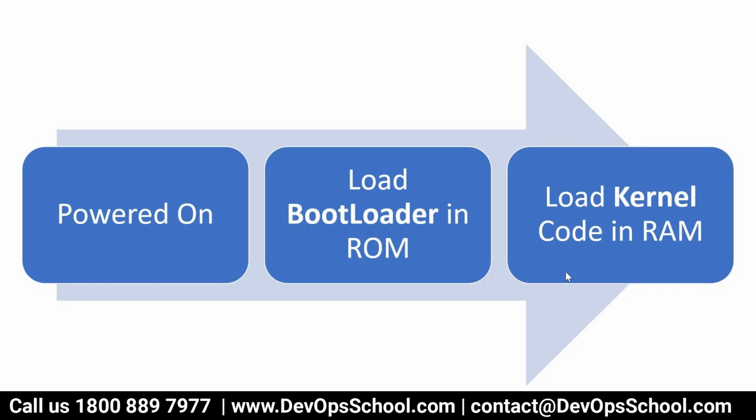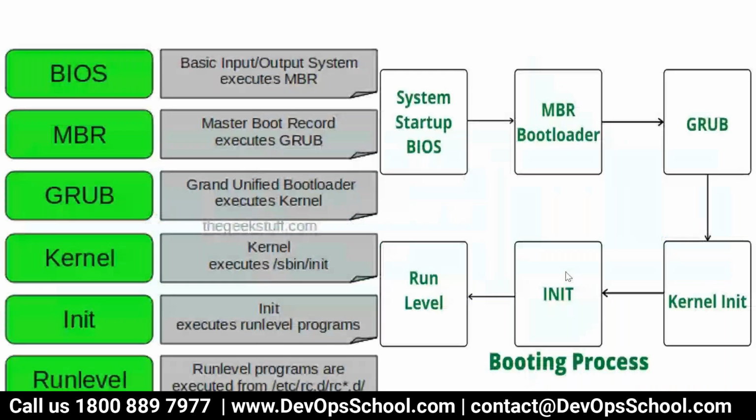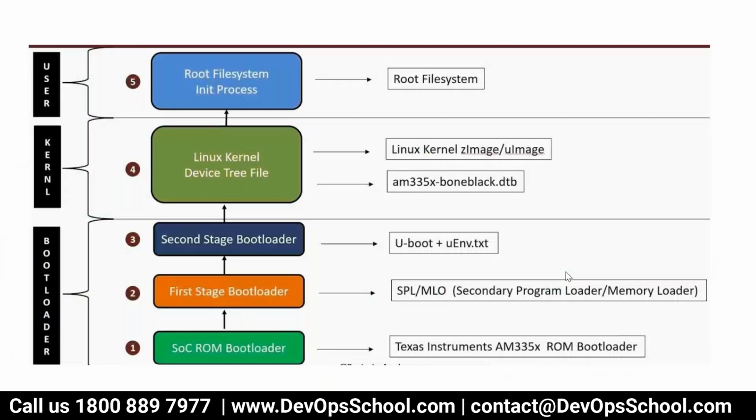Yes. So this is a little more detailed image. We'll ignore it. Now we'll discuss this image, which is a very important image. Here, if you see, the bootloader also has three phases.